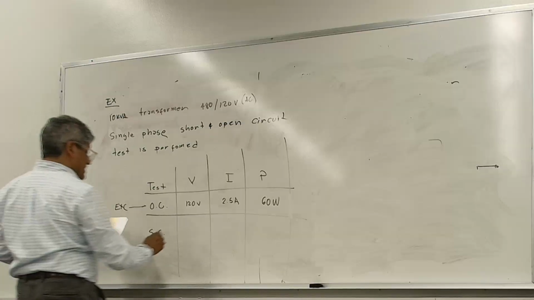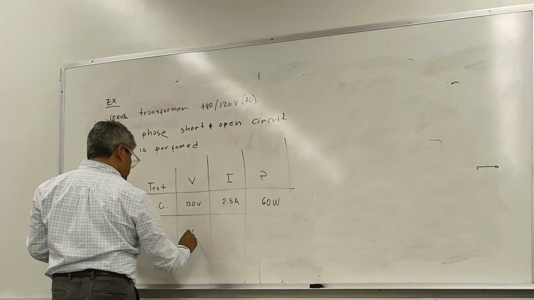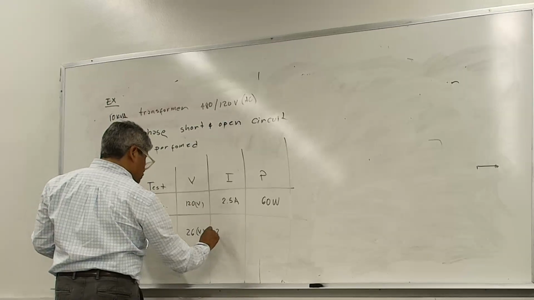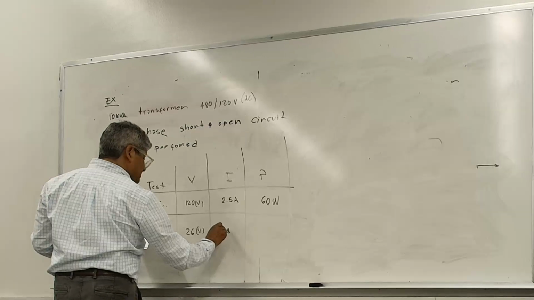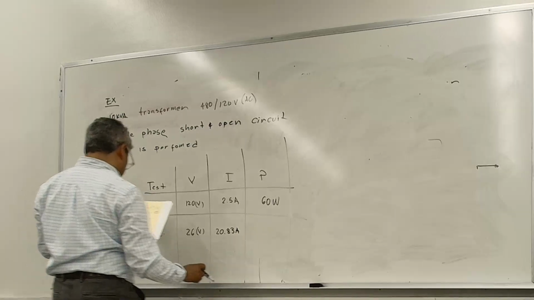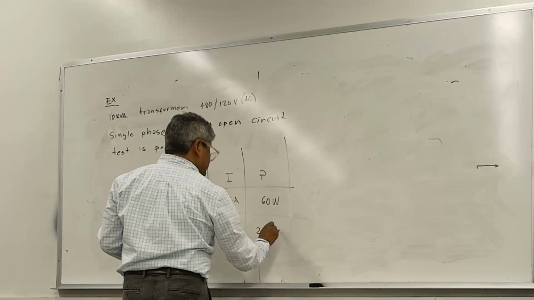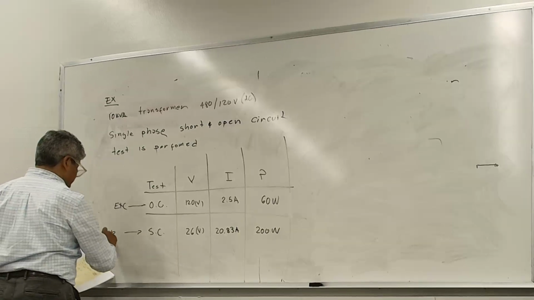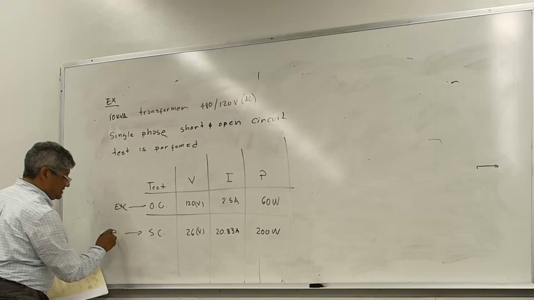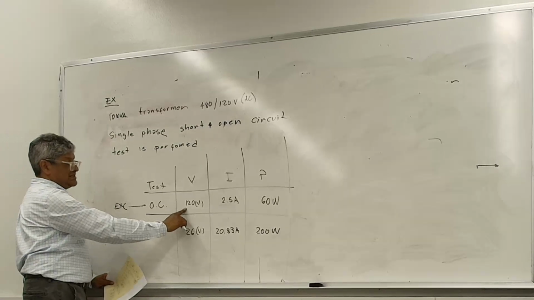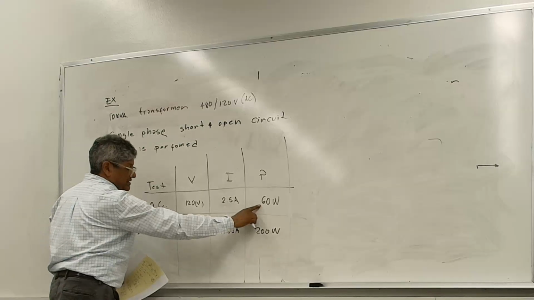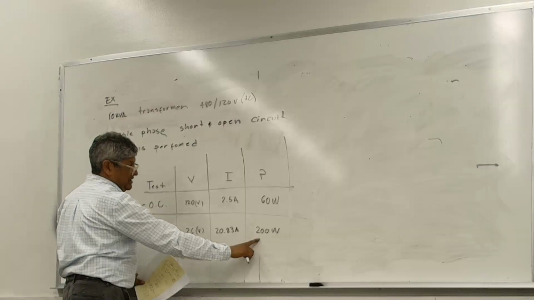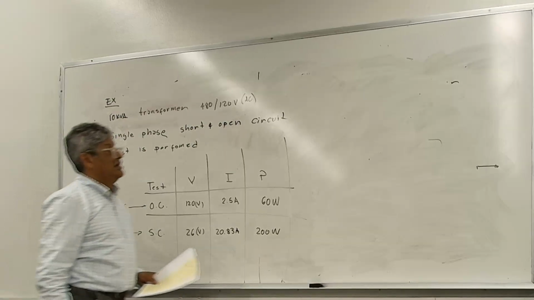For the short circuit test, I get all the way to 26 volts. The 26 volts gave me 20.83 amps, and I got 200 watts of losses. And once again, this is your E, right? So that's my V excitation, I excitation, P excitation. This is my VE, IE, and PE. So those are the values that I get when I perform this test.